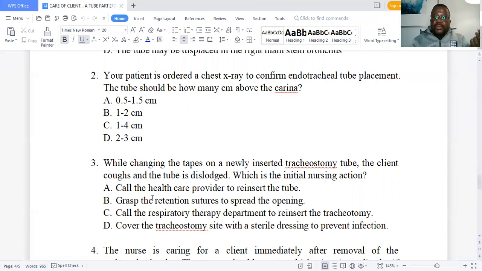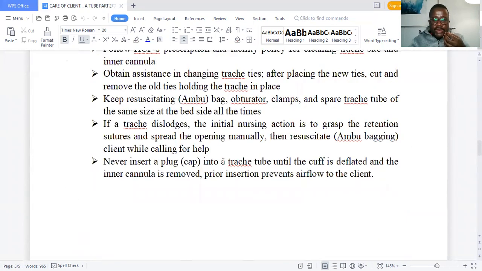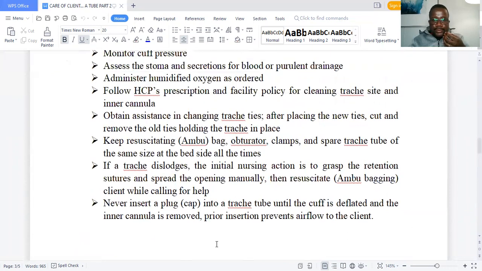What should you do? Grab the retention suture to spread the opening, resuscitate, okay, ventilate, and call for help. Let's go back to our notes. It's right here. We said so, right?